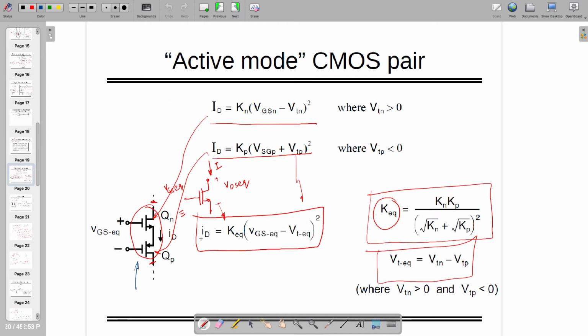Wherever in this case, both the transistors will have the same current, which is ID, and that ID is very simple, K times (VGS minus VT) square, and it can be termed as a big transistor whose W by L will be found in terms of Kn and Kp, and you can have some equation called K equivalent times (VGS minus VT) square.